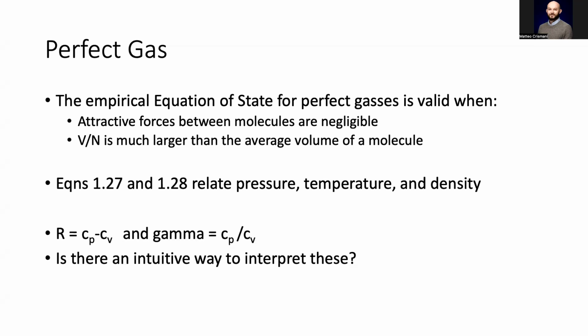Okay, if an isentropic flow exists and you have a perfect gas, then you get this beautiful equation. P divided by rho to the power gamma equals constant.